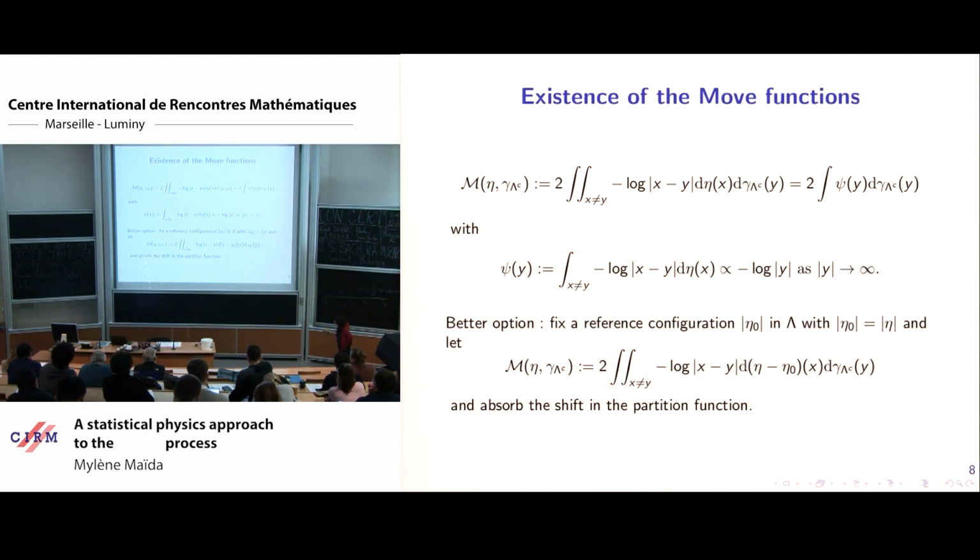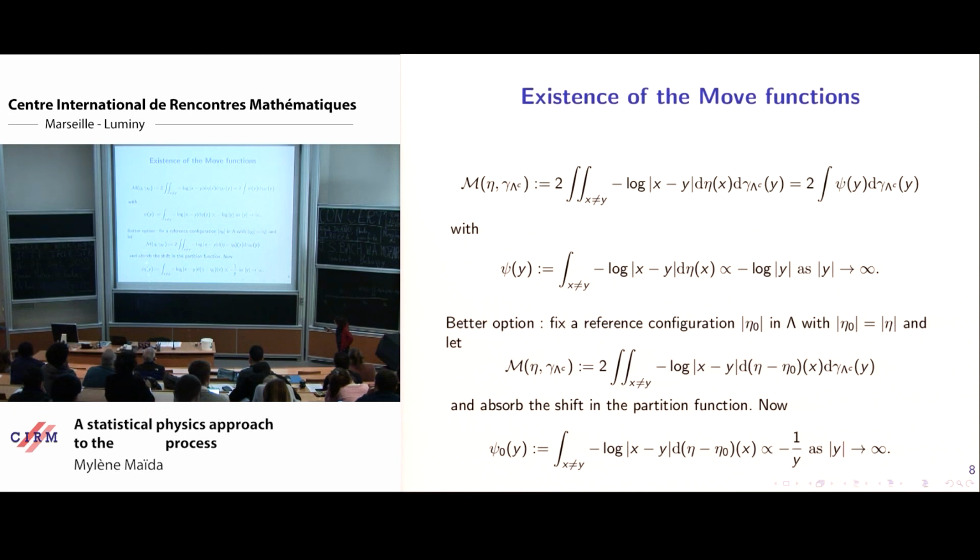So it depends on lambda and the configuration outside, but there's no problem with that. And then this is much better because if x is inside lambda, then this quantity is a measure with mass 0, and in fact this behaves not like log of y, but like 1 over y. And so it's still not convergent, but it's better.